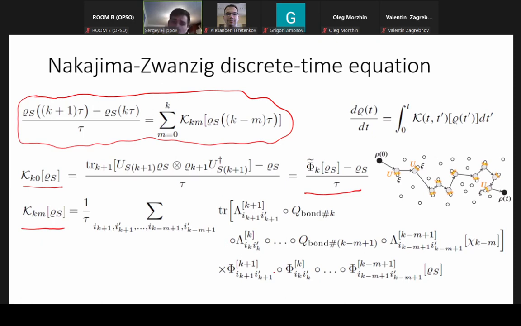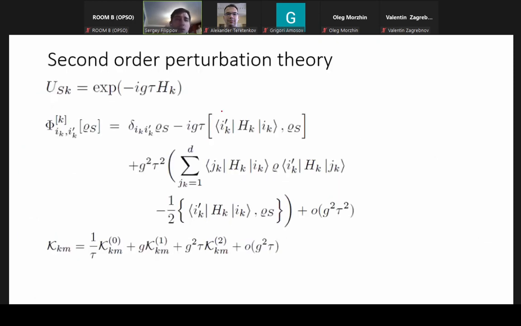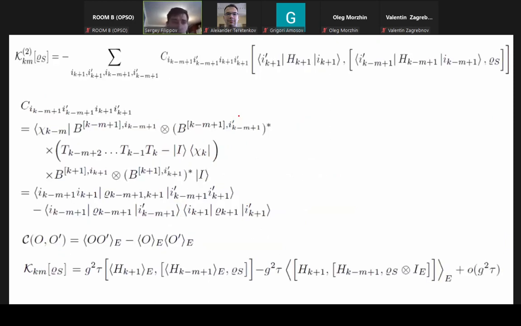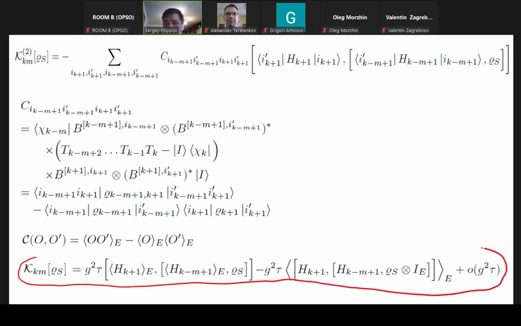The memory kernel looks quite complicated, but it can be simplified in second order perturbation theory. In the second order perturbation theory, the kernel becomes simpler, and it is related to two-point correlations in the environment. So the formula here at the bottom should be taken.